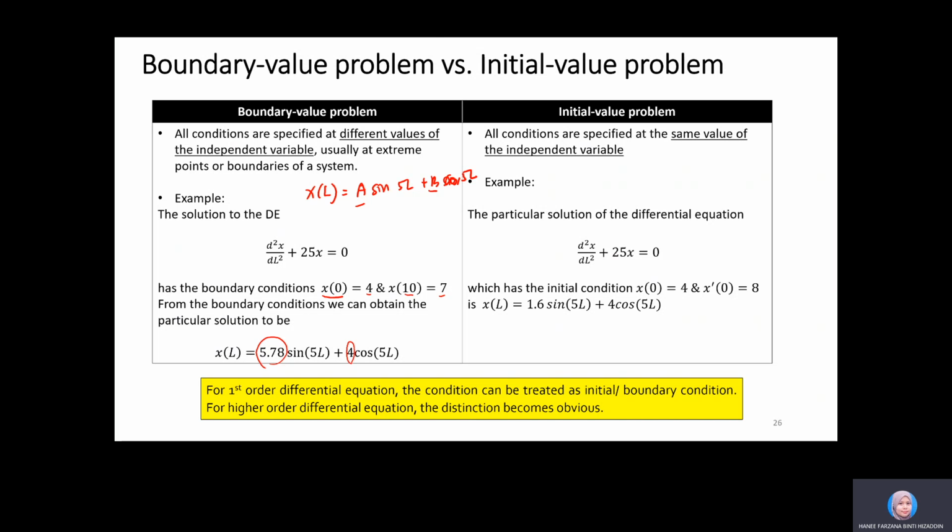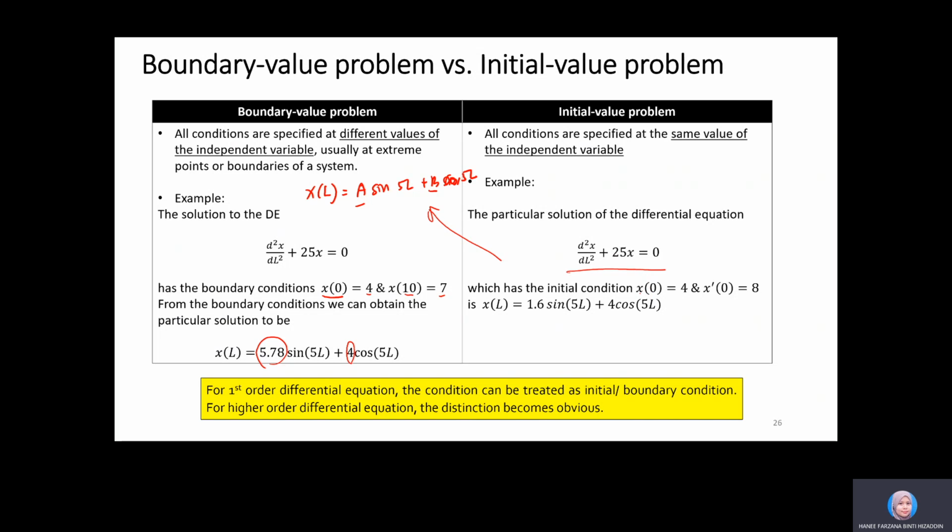Initial value problems are when conditions are specified at the same value of the independent variable. For example, given the same differential equation, you still have the same general solution, but now the initial condition is given at L equals 0.